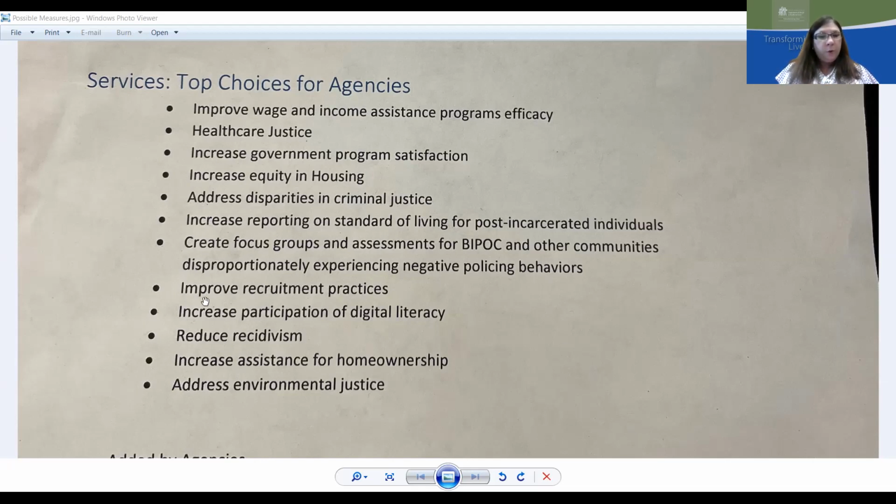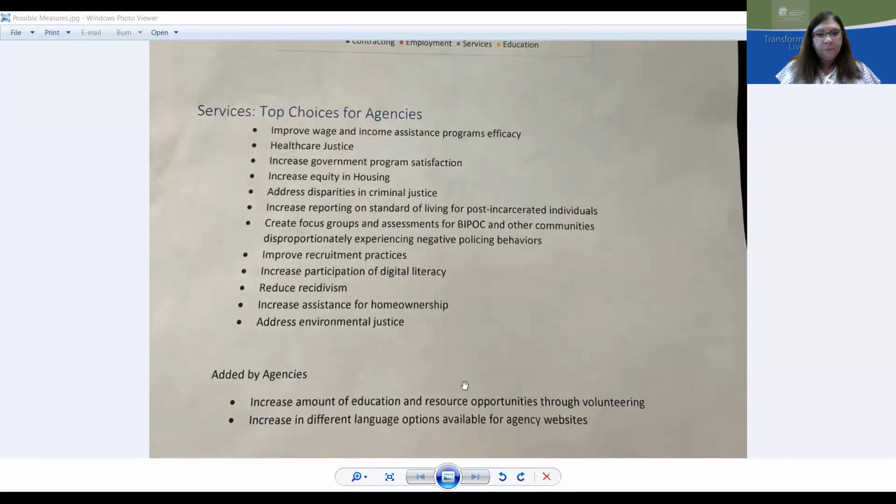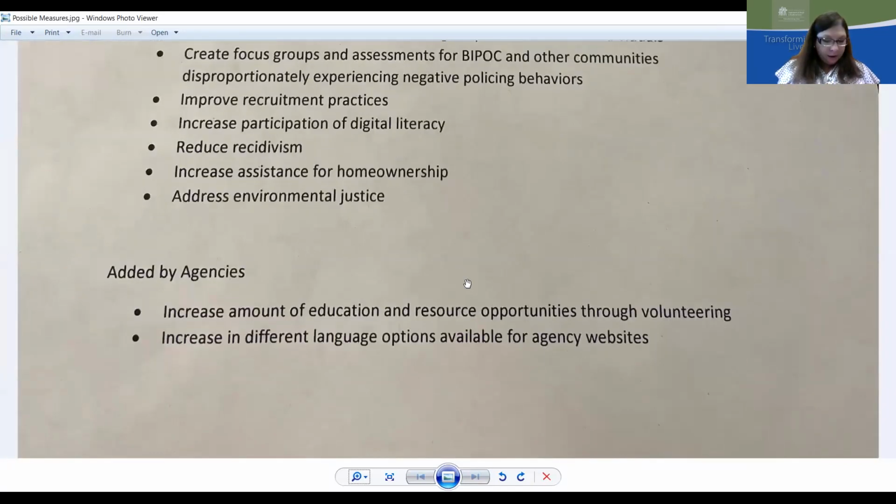Number 8, improve recruitment process. And number 14, which, oh, sorry, trying to scroll and it's not scrolling, it's zooming.